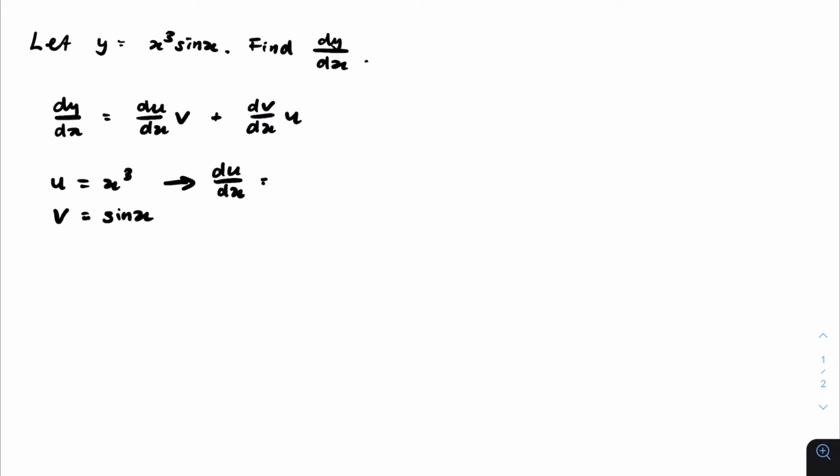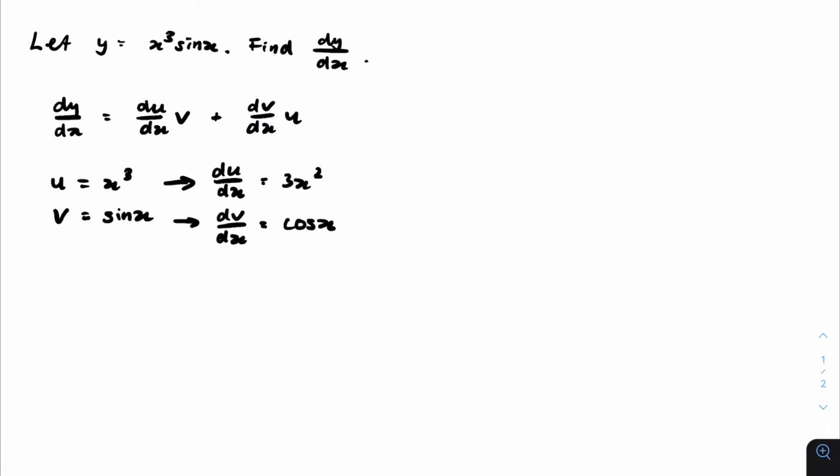For x cubed, we drop the power down to the coefficient, and then we subtract 1 from the power, which gives us 3x squared. And then differentiating the function v gives us dv over dx, and we just have to memorize this one, but sine x becomes cos x when differentiated. So this would become cos x.